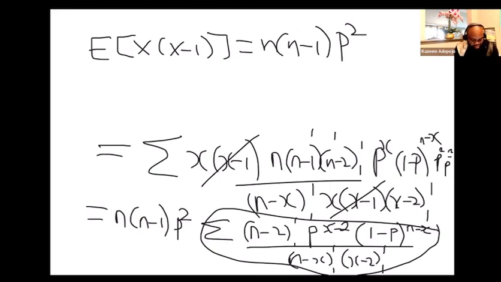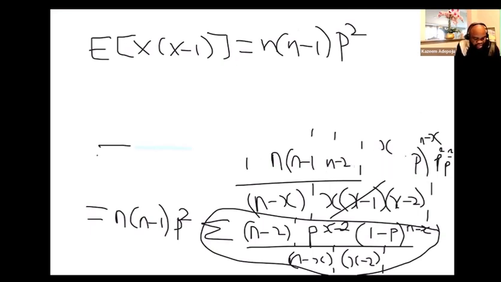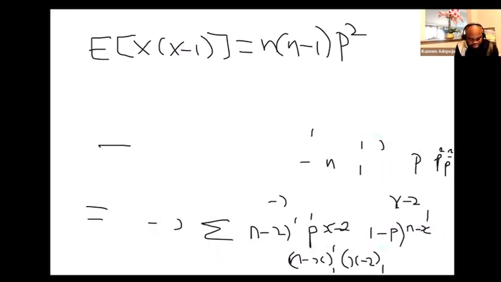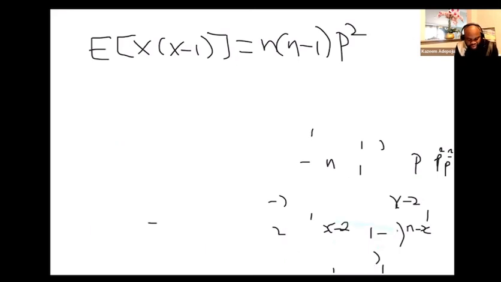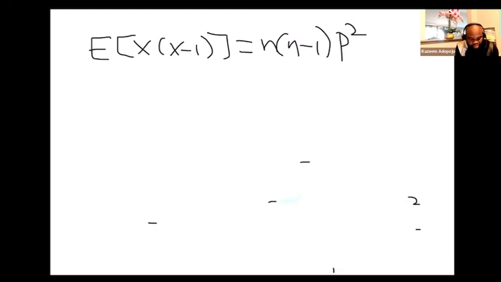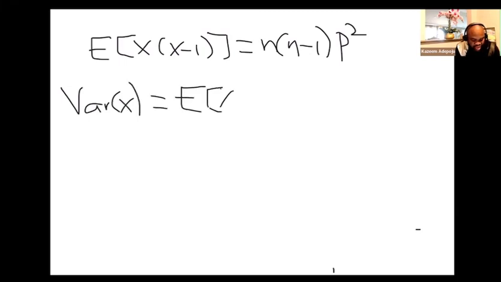Now the next thing that we're going to do is go into the variance formula. The variance formula says the variance of x is the expectation of x into x minus 1, plus np minus n squared p squared.